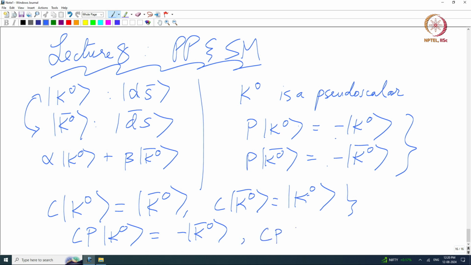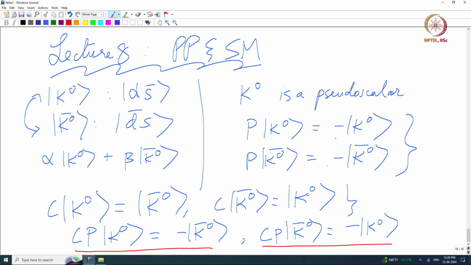So CP now on K0 bar is minus K0, very good. Now just staring at these two equations, is it possible for me to construct CP eigenstates?